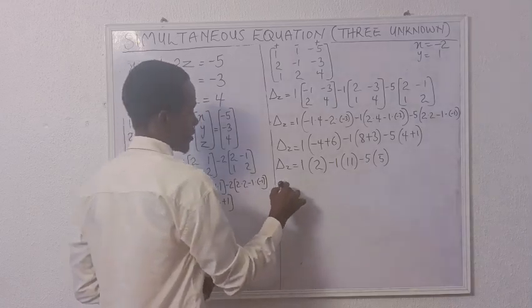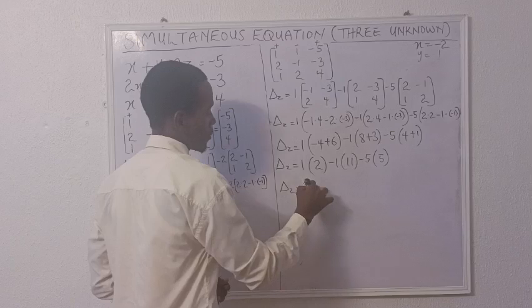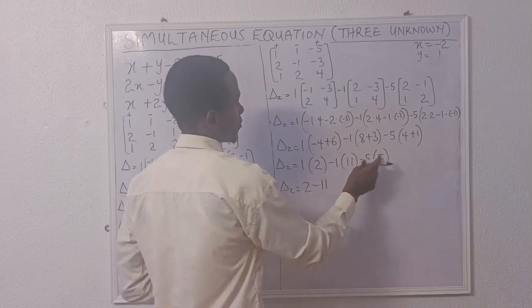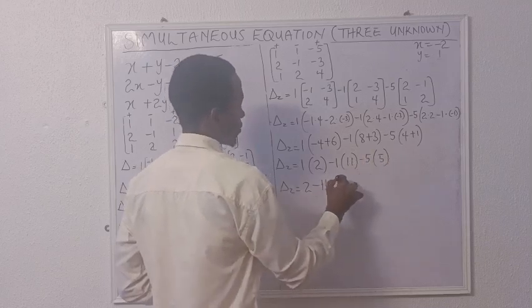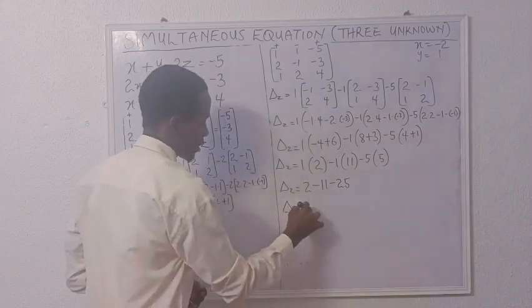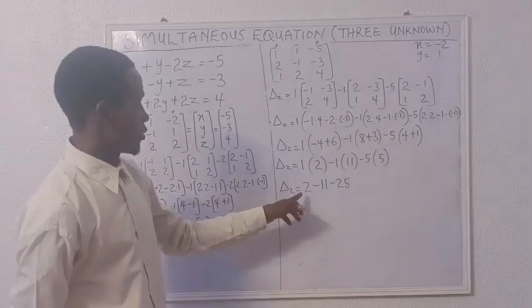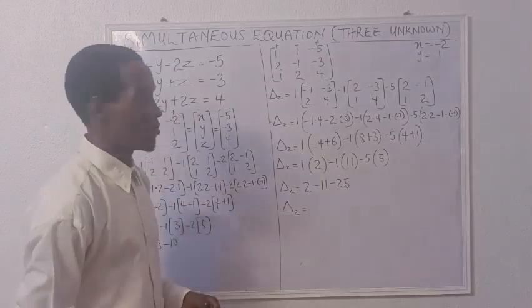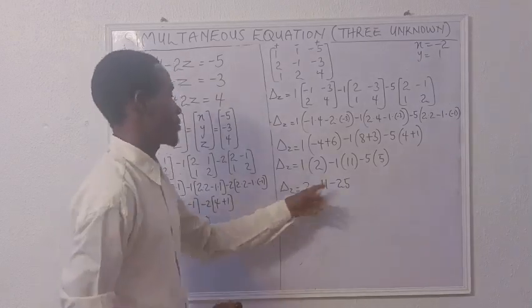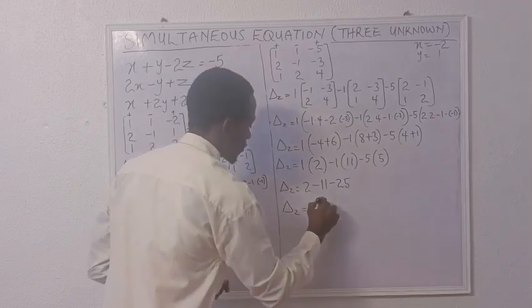So we have as delta z, 1 times 2 is giving me a positive 2, minus 1 times 11 is giving me a minus 11, minus 5 times 5 is giving me minus 25. Delta z is going to give me 2 minus 11, that will give me minus 9. Minus 9 minus 25 is giving me minus 34.